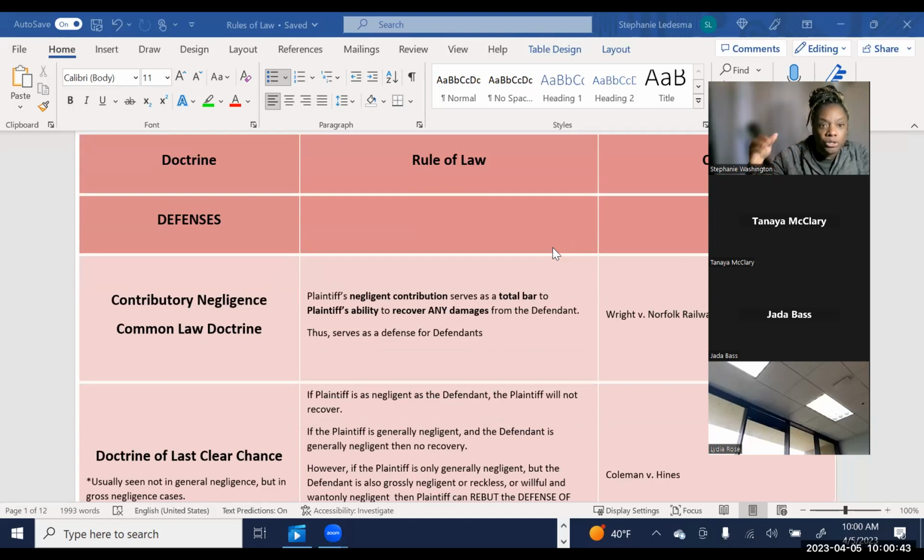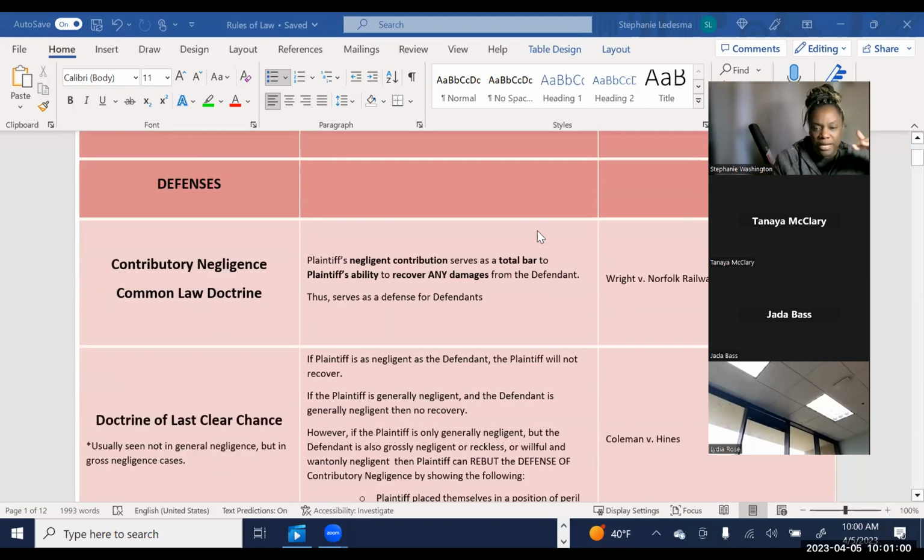I don't know how you gather and organize overwhelming amounts of information, but you're going to have overwhelming amounts of information. One of the ways that I do that is I create charts because it helps me organize. So I wanted to share mine with you because some of you have shared yours with me.